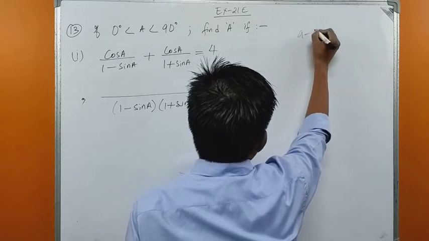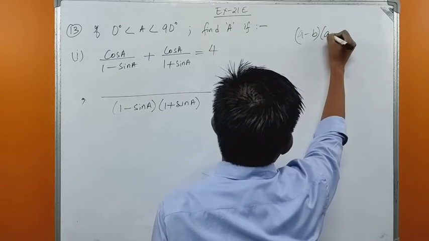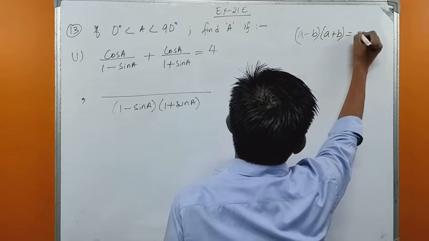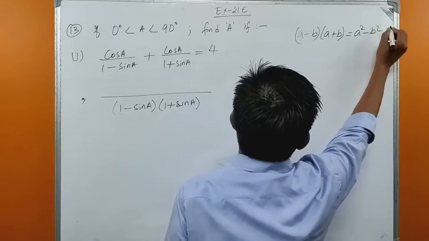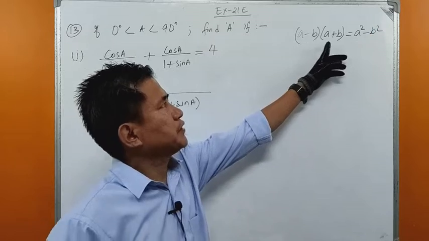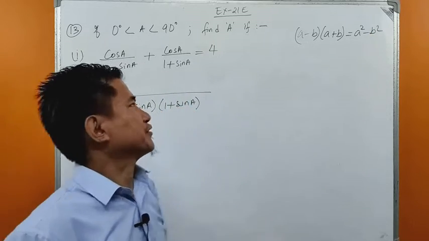A minus B into A plus B is actually A square minus B square.